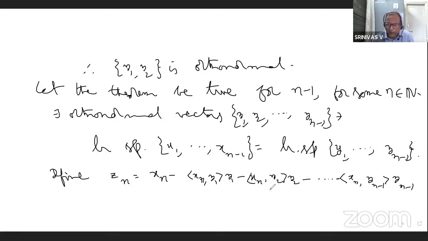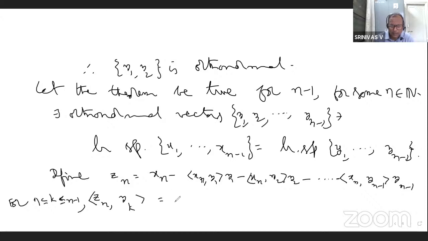What does this give us? You take the inner product of Zn with yk, for k a natural number between 1 and n minus 1. I want to show that Zn is orthogonal to y1, y2, up to yn minus 1. That is my objective. So take the inner product of this with yk.